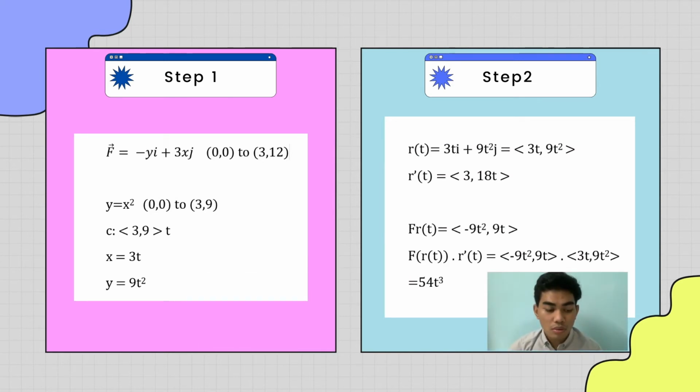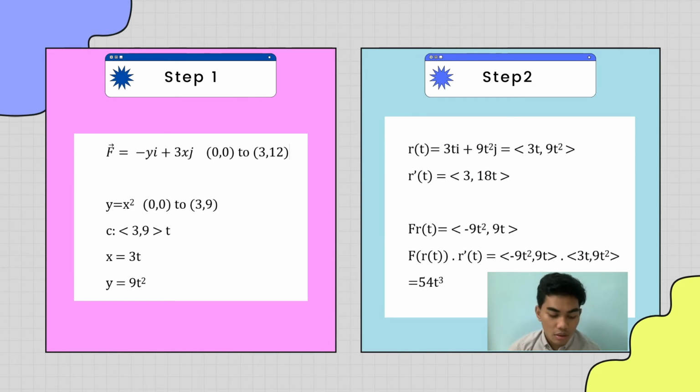Step 2. Use the formula of the line integral. We need to find r(t). r(t) equals 3t i plus 9t squared j, or we can rewrite it in angle brackets as <3t, 9t squared>. Next, we find r'(t) equals <3, 18t>. So, we can find F in terms of t, equal to <-9t squared, 9t>.